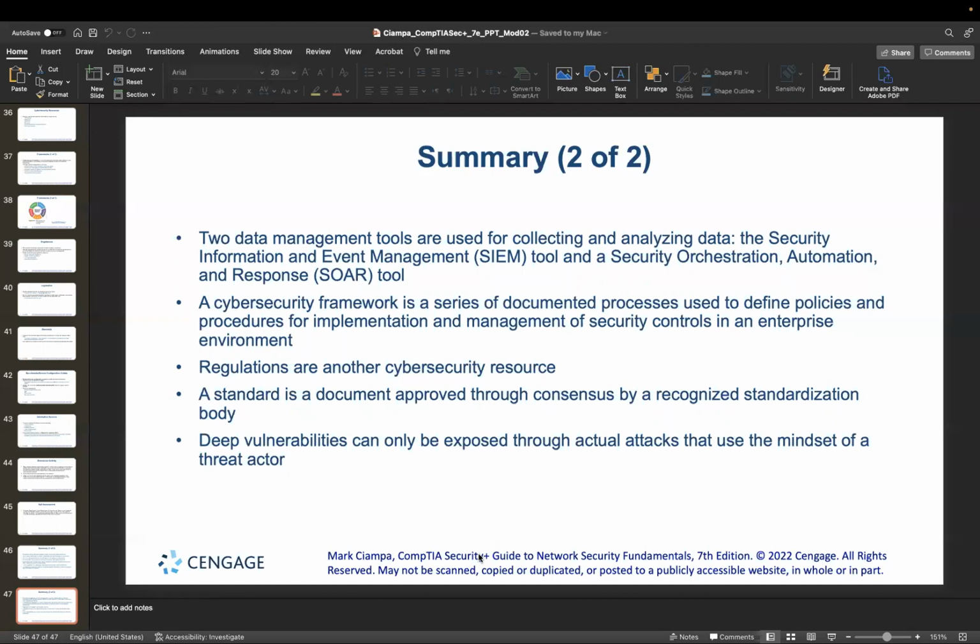We talked about regulations, standards, RFCs, and documentation. Basically we covered both topics of penetration testing and vulnerability scanning in the second lecture of the Network Security Fundamentals series. At this point, I'm going to stop the recording.